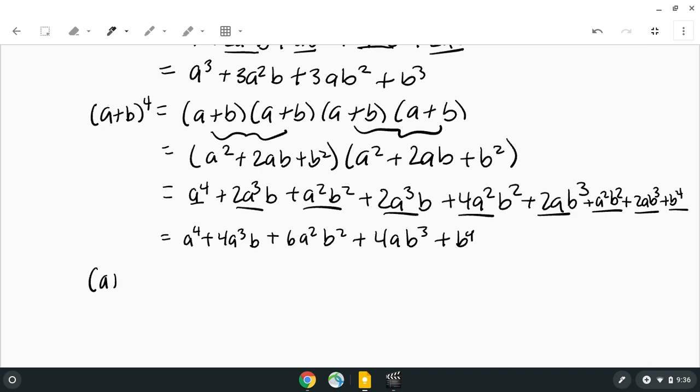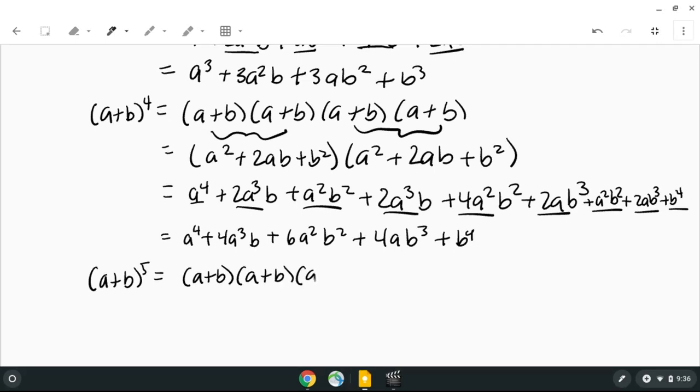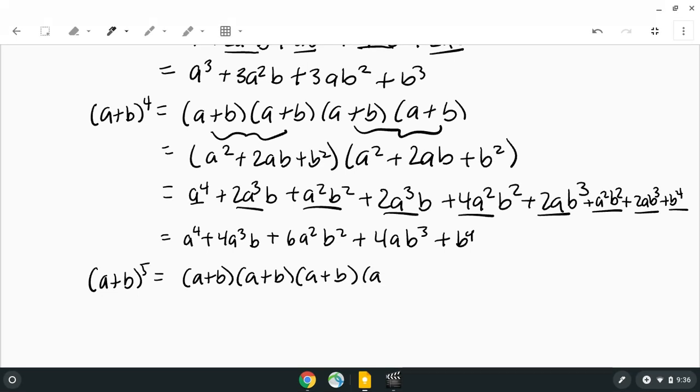And then if we do a plus b to the fifth, do we really want to do a plus b to the fifth? No, not really, right? A plus b to the fifth would just be a plus b times a plus b times a plus b times a plus b times a plus b.